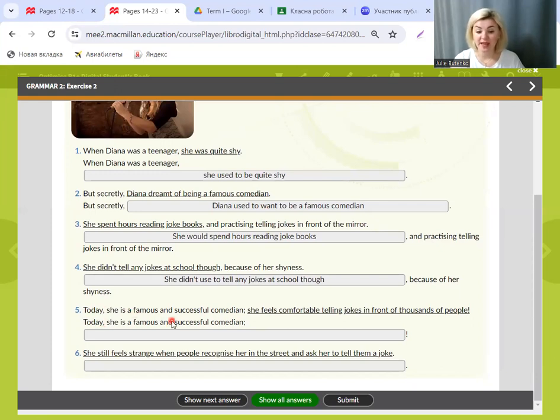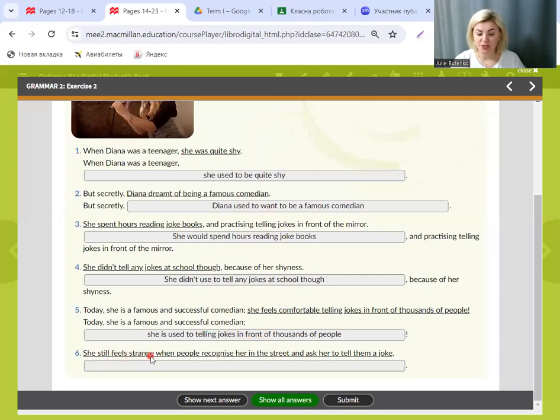Today she's a famous and successful comedian. She feels comfortable telling jokes in front of thousands of people. Today she is a famous and successful comedian. She is used to telling jokes in front of thousands of people.